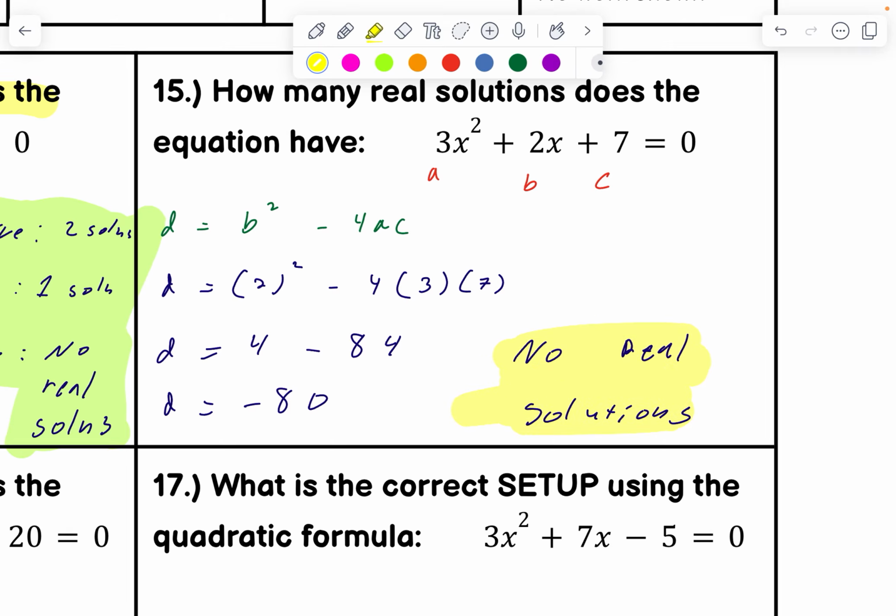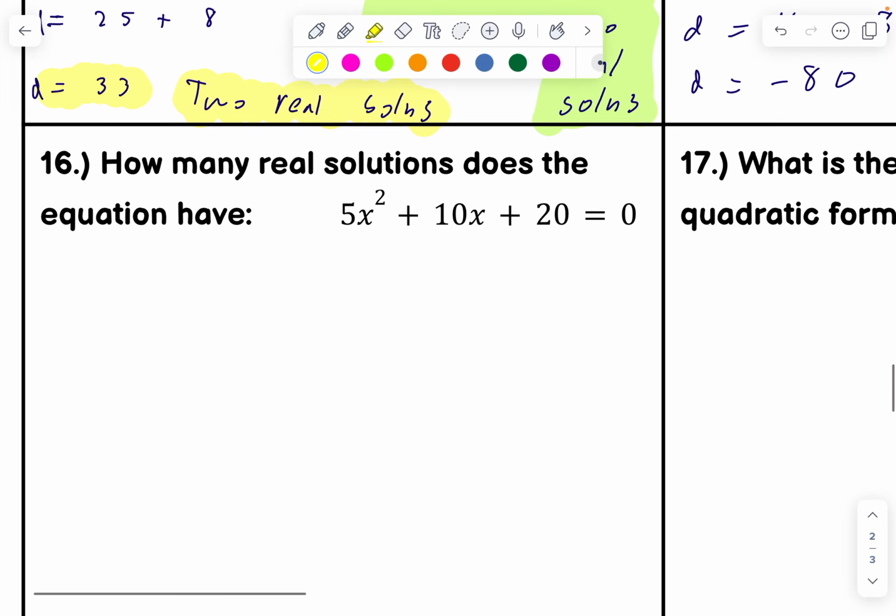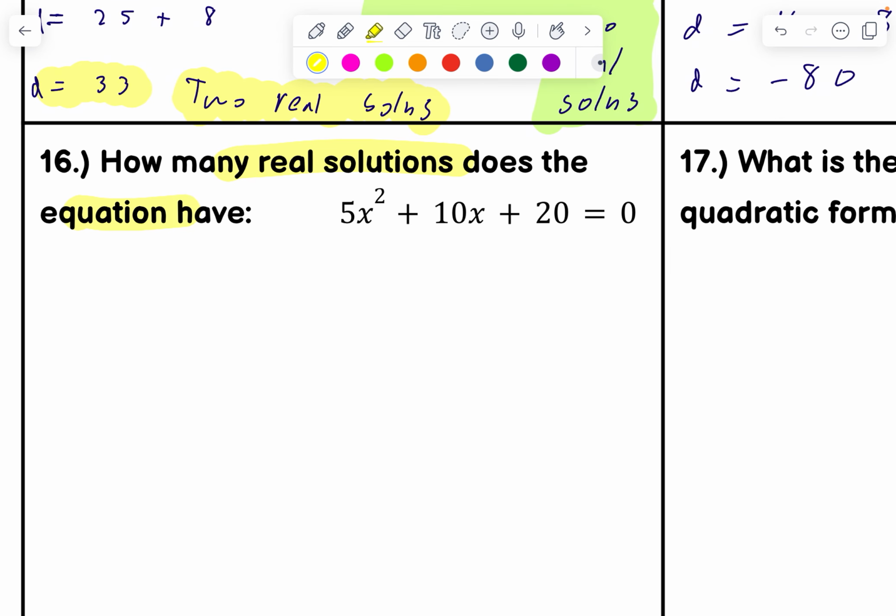14, 15, on to 16. Again, exact same question. How many real solutions does it have? Our equation is already in standard form. Let's make it easier on our brains by labeling A, B, and C. Moving into the discriminant equation, we're going to look for B squared minus 4AC.